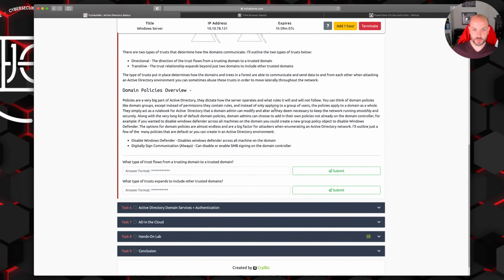An interesting thing that they don't mention here, but is worth understanding from an Active Directory perspective, is the order of precedence for how policies are applied within a domain.